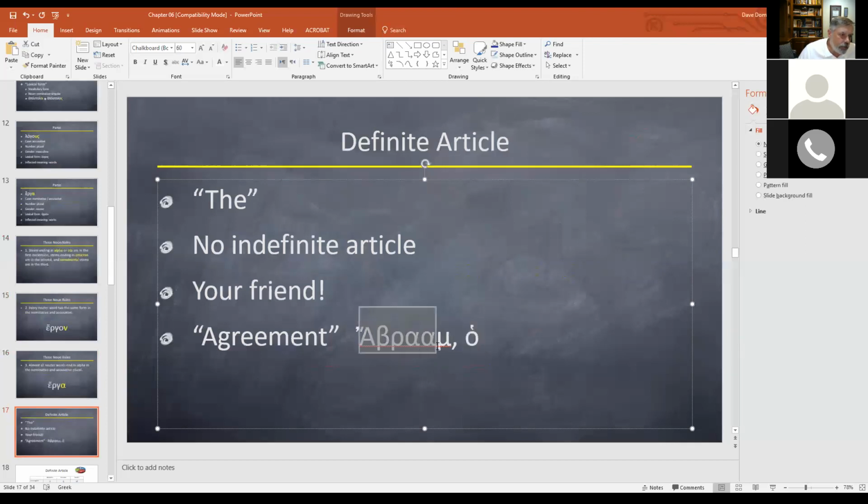Well, so is Abraham: nominative case, masculine, and singular. Abraham's a name, so it's not going to follow the same conventions. Most names are indeclinable. I mean, they don't change. I won't put a sigma here or some other ending. They won't change to fit the function, subject or accusative.